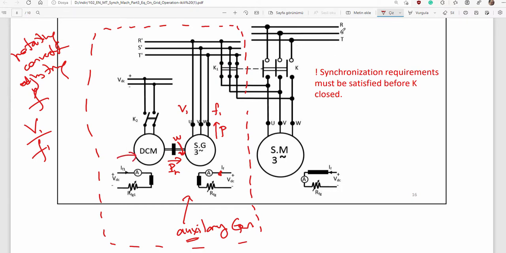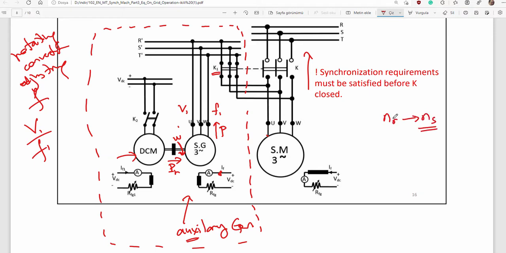And then instead of connecting that motor to network directly, first of all you connect the motor to the auxiliary generator system by switching K1 on, and then you start motor up to its rated speed.